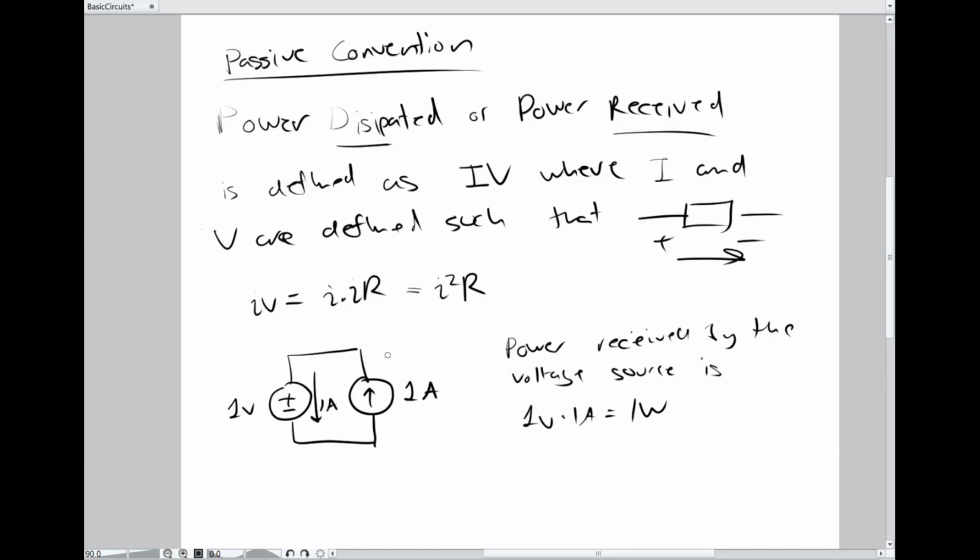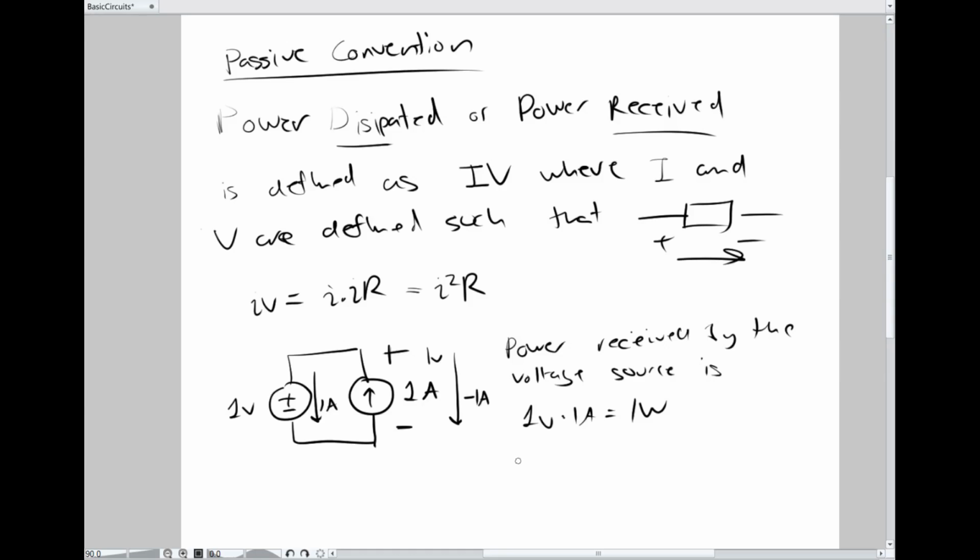Whereas, if I find the power received by the current source, I know because of the voltage source that this is 1 volt. But the current as defined here is not following voltage drop. It's going from the minus to the plus. So to make it follow voltage drop, I just reverse it. So this is minus 1 amp going the other way.